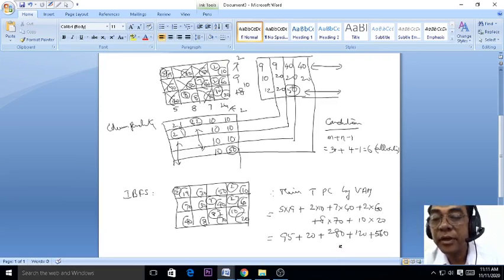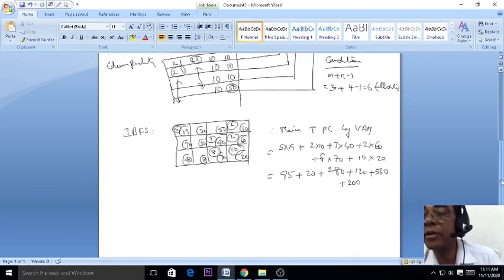560 plus 200. So what is the final solution of the given problem?